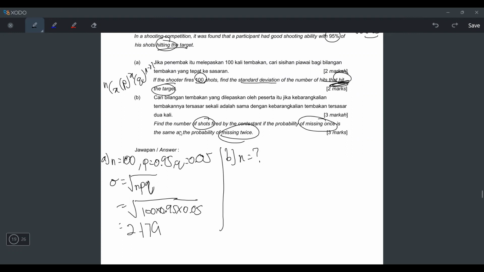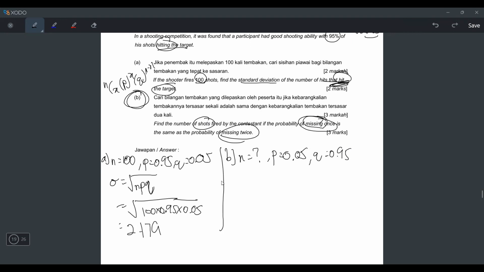Okay, let's read again. Find the N if the probability of missing once is the same as probability of missing twice. So what I'll do is, missing will be the probability of success already. It means my P is no longer 0.95, it will be 0.05 for when I'm doing part B. My P will be 0.05 and my Q will be 0.95, only for this moment, only for when I'm doing part B, because in part B they say probability of missing is the success.